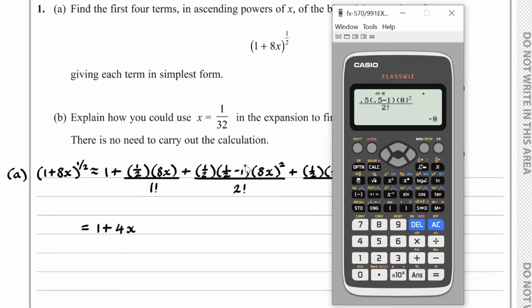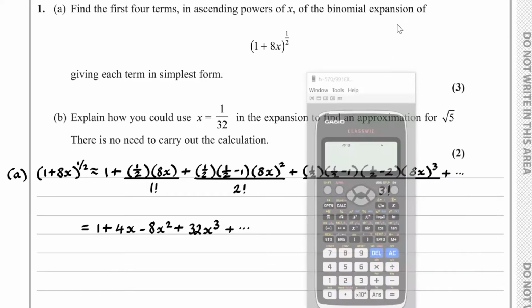That term here is minus 8x squared, and for the other term we have 1/2 times (1/2 minus 1) times (1/2 minus 2) times 8 cubed divided by 3 factorial, which is 32. So we get 32x cubed. And then we have higher order terms as well.